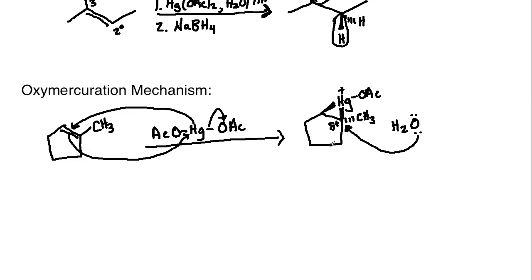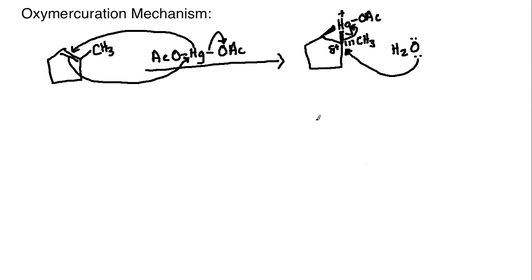Well, similar to carbocations, even though this is not one, you want the partial positive charge to be stabilized in the tertiary position instead of the secondary position. So these electrons will go to the mercury, and that will effectively break open this intermediate 3-membered ring and allow us to proceed forward to the next step.